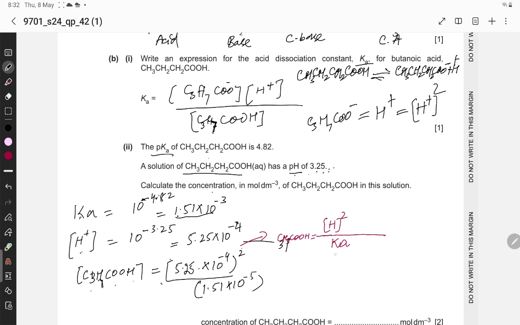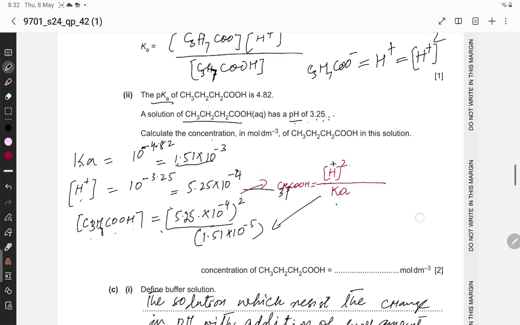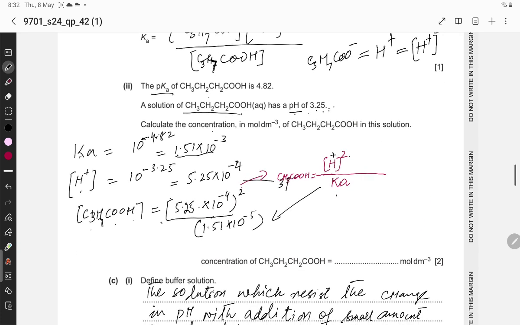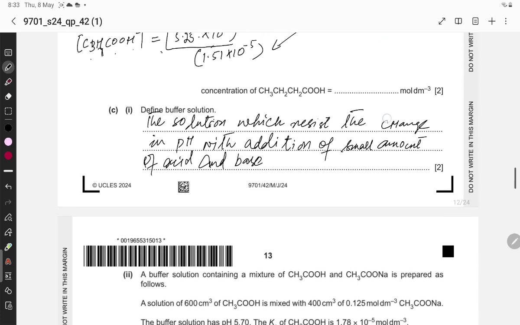The Ka value is this, and the hydrogen ion concentration is this. So by calculating this equation we get the concentration of butanoic acid.